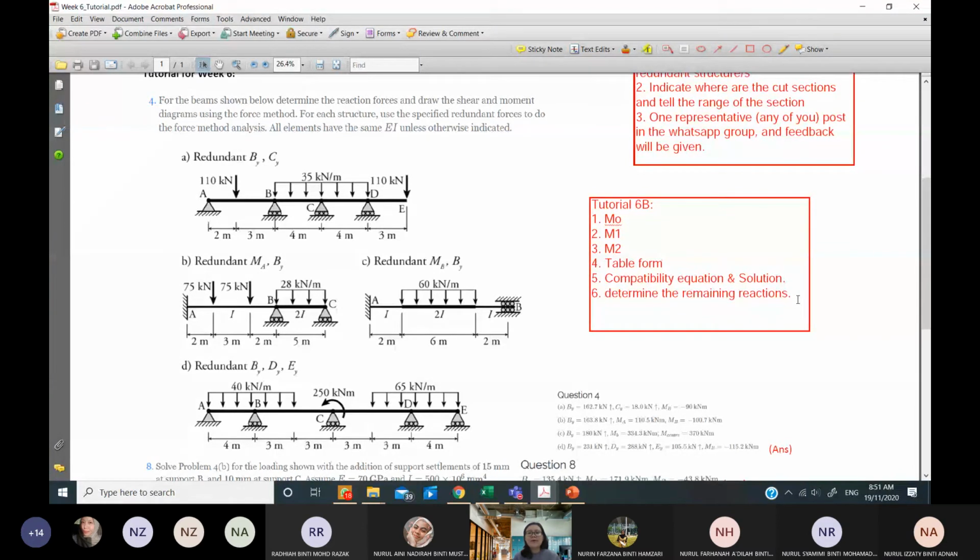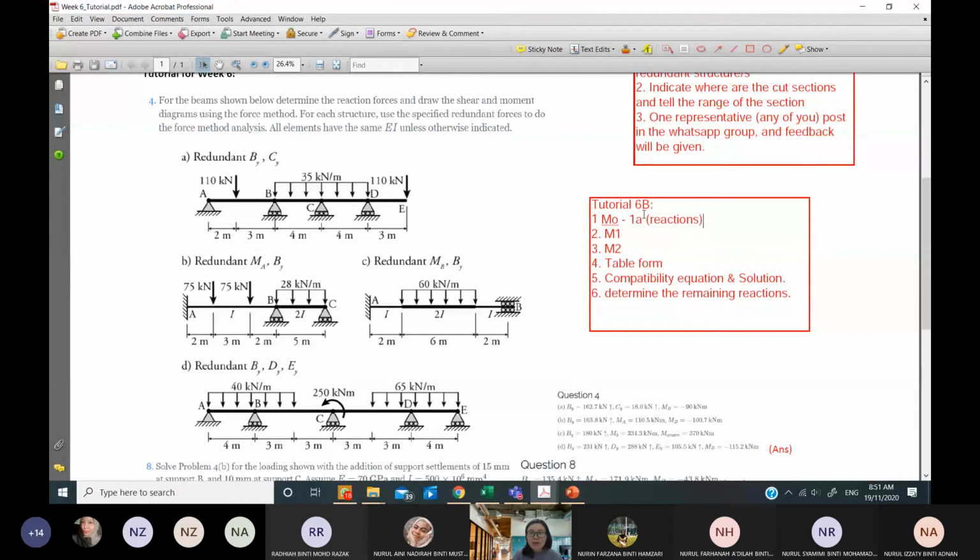Maybe I will have 1A and 1B. I want to have more frequent contact with you. For M naught, different students will give me their results. M naught, I want to put as 1A for the support reaction.